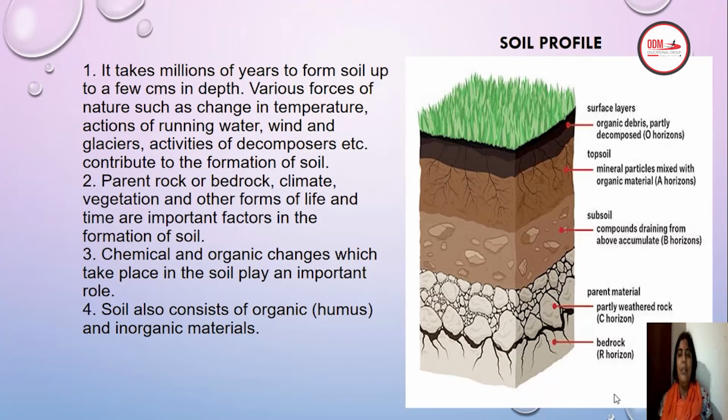Your surface layer is the part of the soil that we are able to see, that contains the organic debris, and it is partly decomposed, and we call it the O horizon. It is full of humus and it is very fertile, the topmost layer. The topsoil is a mixture of mineral particles that is available, and we call it the A horizon.